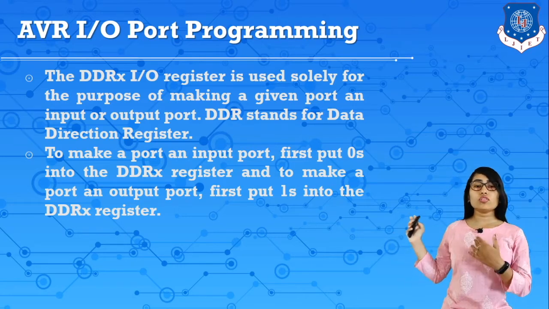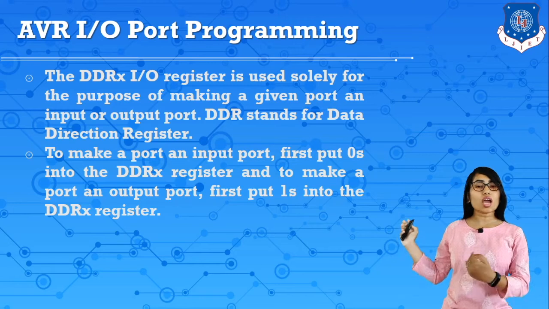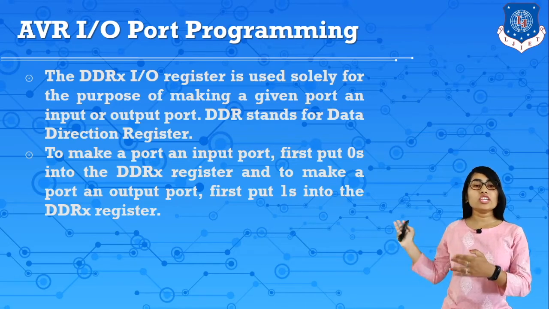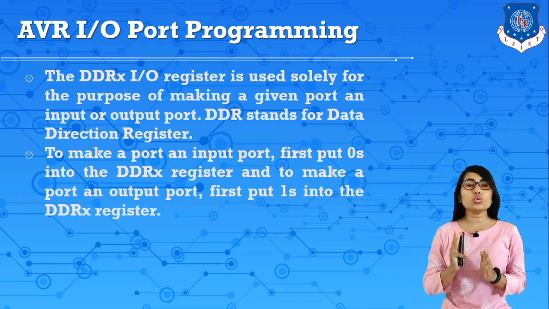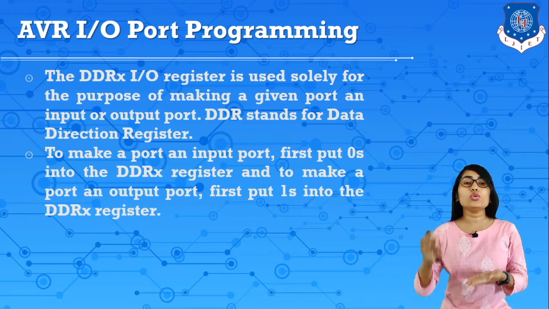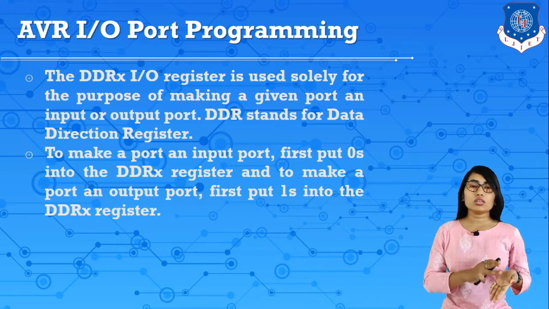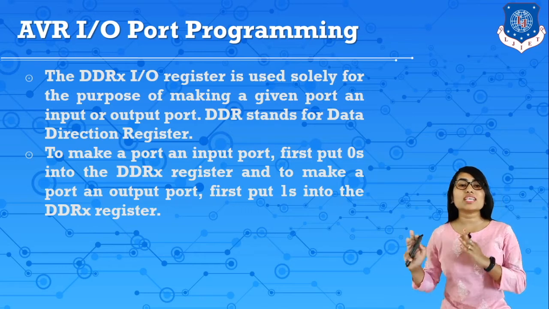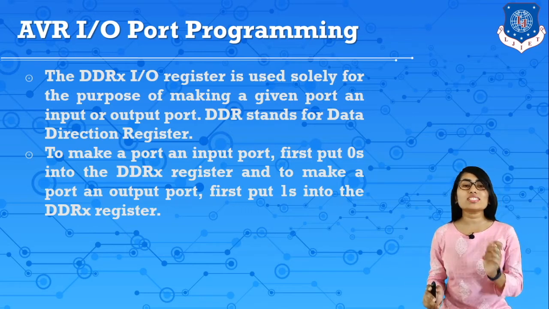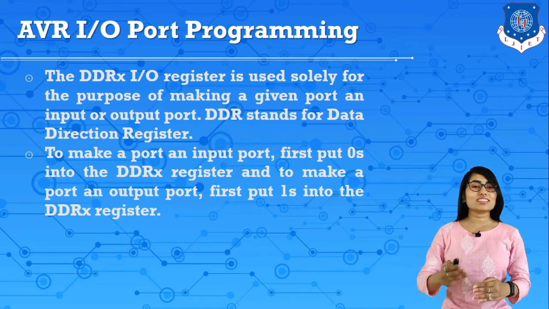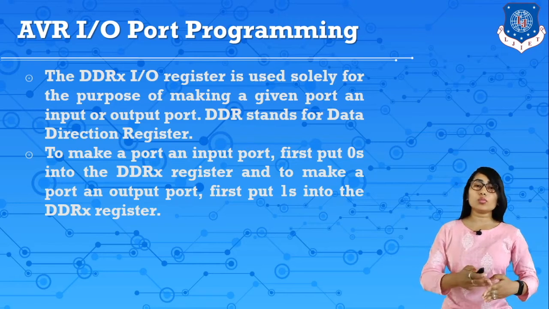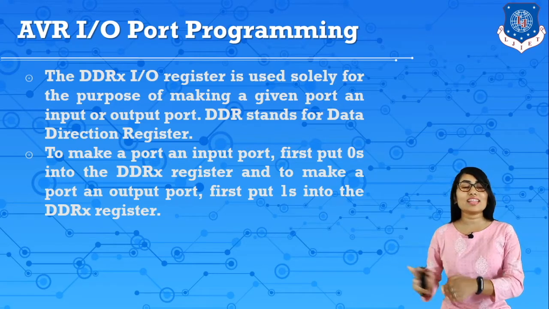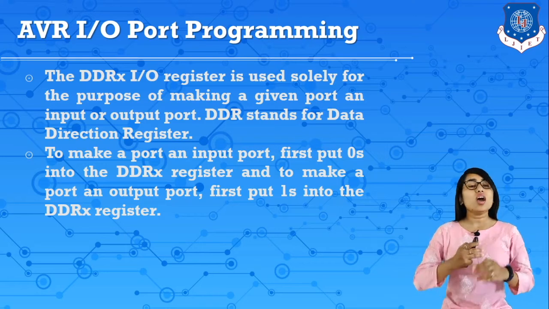And if we have to make a port output, we do this by putting 1s into the DDRX register, copying the content of DDRX with all bits as 1. So if all bits are 0 in DDRX, the port is an input port, and if all bits are 1 in DDRX, the port is an output port.